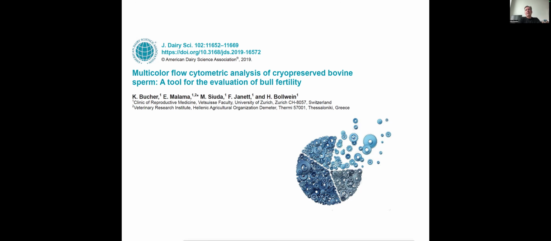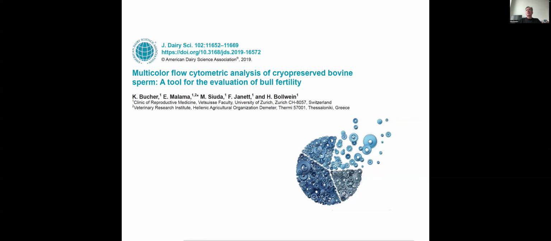So bulls often have thousands, sometimes hundreds of thousands of offspring, and stallions often 100 or 200. So the accuracy of the determination of fertility is not so high in stallions as in bulls. For example, even for human medicine, the bull is used as an animal model to examine the reliability of the assays.